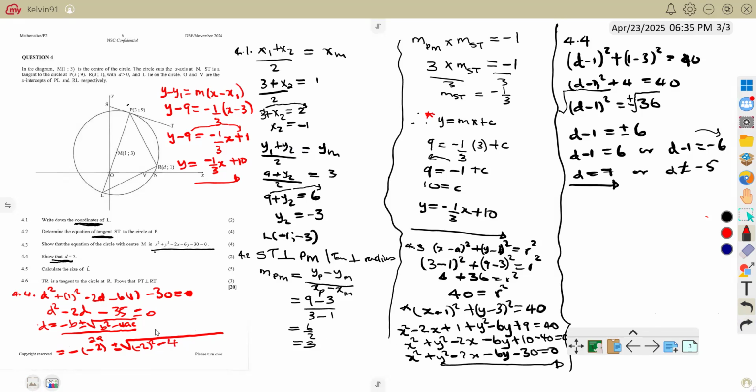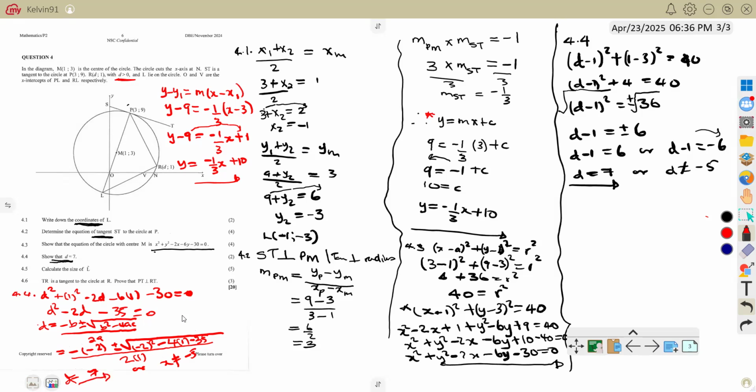The A here, the coefficient of D squared, is 1. The C here is negative 35, all over 2A. The A is a 1. Then you trust your calculator. You are going to get 7 as your D or negative 5. But as you can see, you are told that our D is greater than 0. Our D is positive. So, conclusion, this is our D.